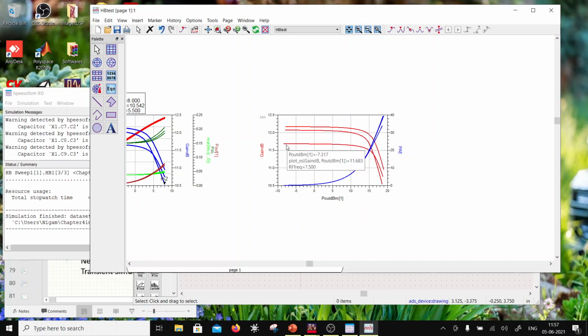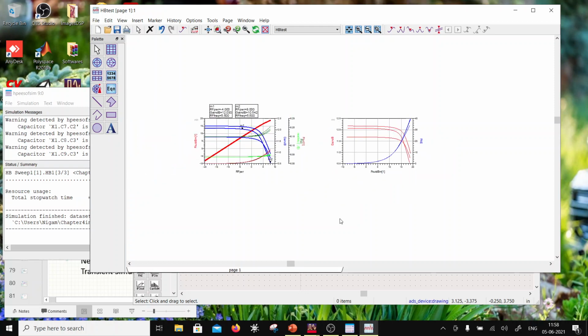Now you see what happened at 7.5. The efficiency fell down to 20, while the efficiency over here is almost greater than 30. So there are 3 curves now.